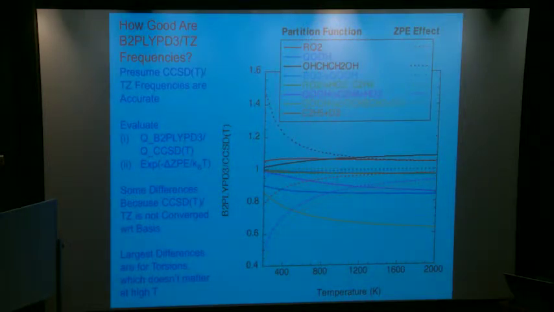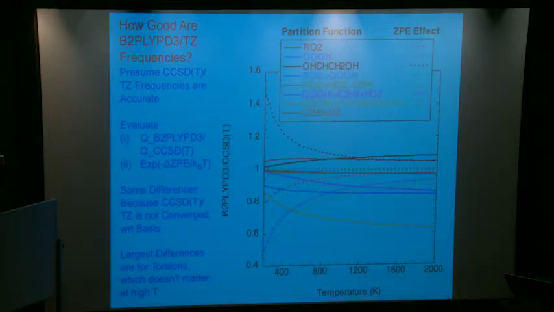The transition states are more difficult to find geometries and frequencies for, so it's encouraging that it includes that. This one is a bit bad. Which one was this? This is this transition state here. If I remember right, I think half of this difference is because of a difference in the torsional frequency.